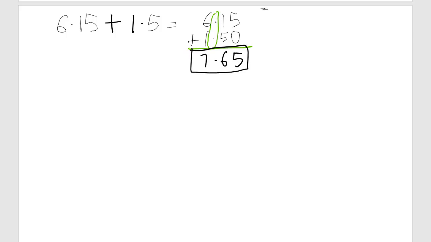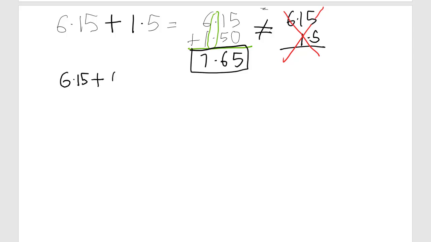It's not right to do 615 then, this is not correct. So let me give another example. Let's say you have 6.15 plus 0.05.